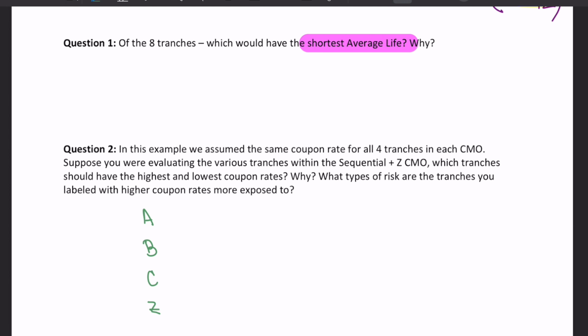So what we want to think about is if we have a sequential plus a Z CMO, would I expect the A and B tranches to have a higher coupon, or would I expect the C and Z tranches to have a higher coupon?